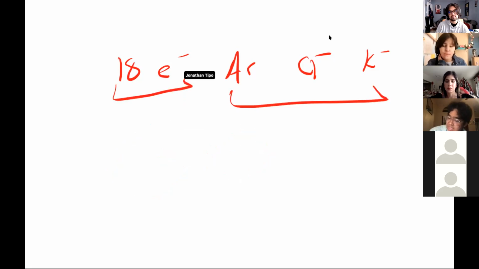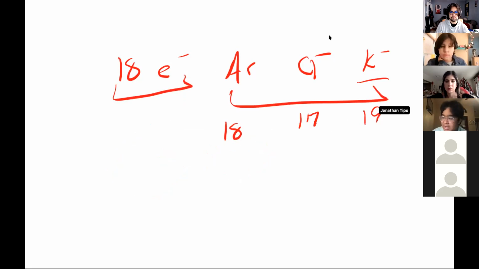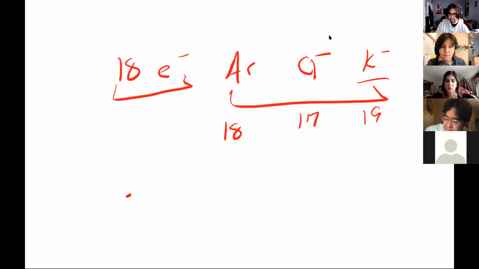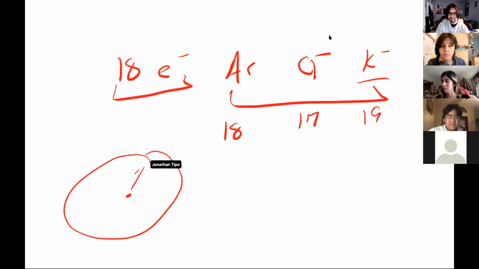Argon has 18 protons, chlorine has 17 protons, and potassium has 19 protons. With 19 protons directly in the middle, there are more charges pulling inward, which makes the atom size squeeze in just a little bit further.